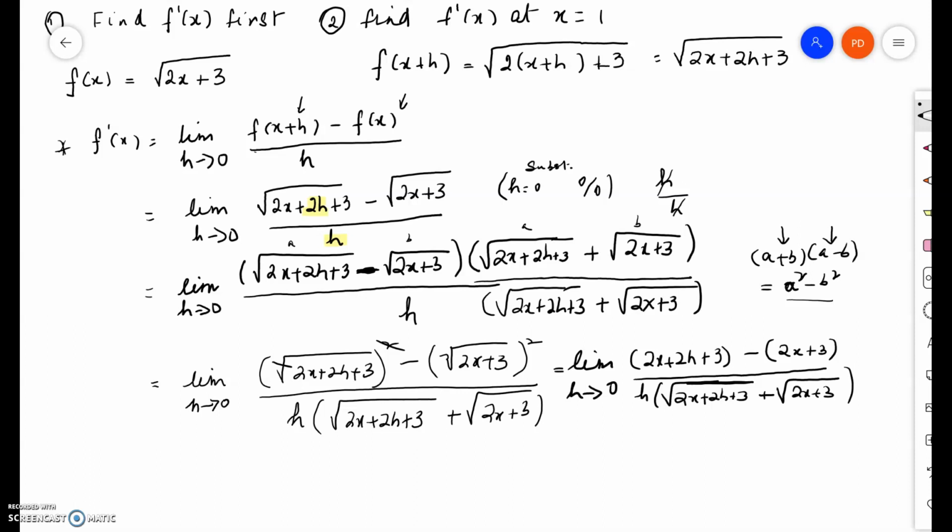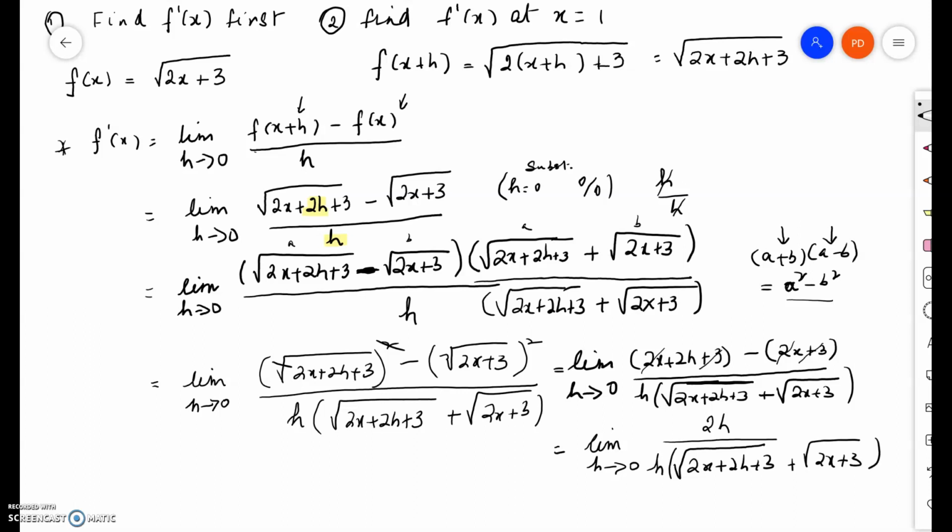So now we try to cancel anything we can. So notice that we have a 2x minus a 2x, a plus 3 minus a plus 3. So now we're left with the limit as h approaches 0, 2h divided by h, and of course we still have radical 2x plus 2h plus 3 plus radical 2x plus 3.